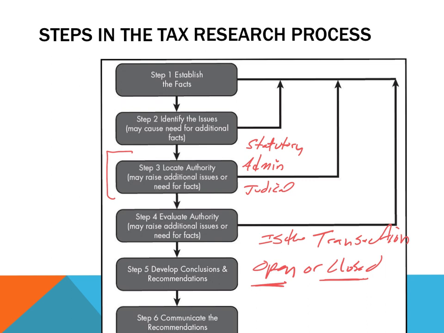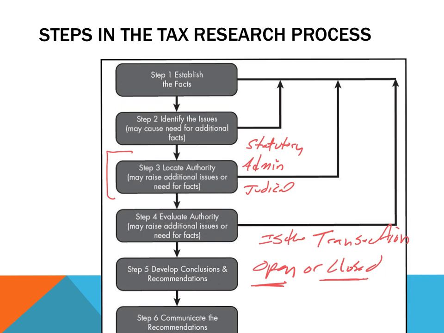So lots of times you can give alternatives. Sometimes there is only one answer to a closed transaction, particularly. If it's an open transaction, then you can do an if this, then that, right? You can say, well, if we treat it as this type of transaction, then this is our conclusion. If, however, we do this type of transaction, then we have this outcome. So a lot of that depends on whether the transaction is open or closed.